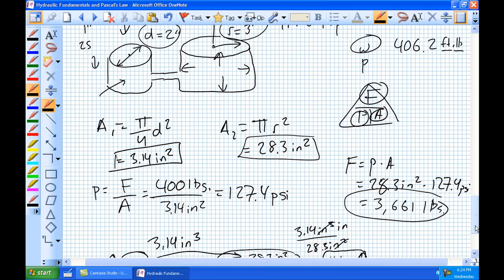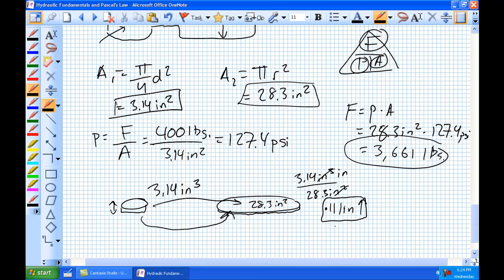This displacement was in, in our particular case, cubic inches. We could have used gallons. The unit of energy in the English system is foot-pounds. It's not inch-pounds. So we've got to find a means of conversion. Okay? And it's real simple.